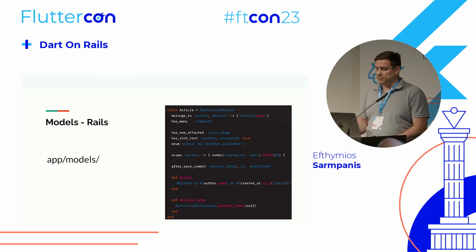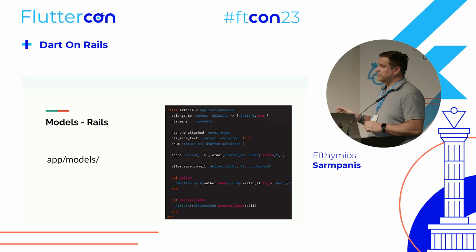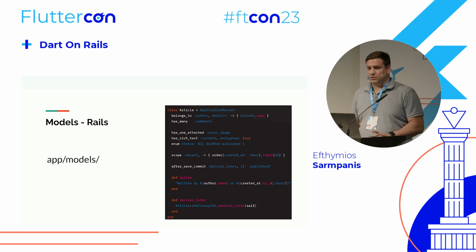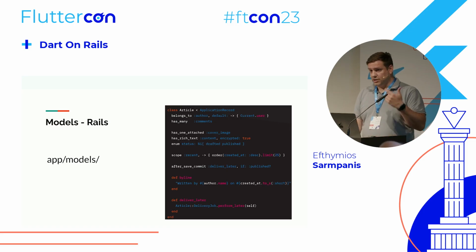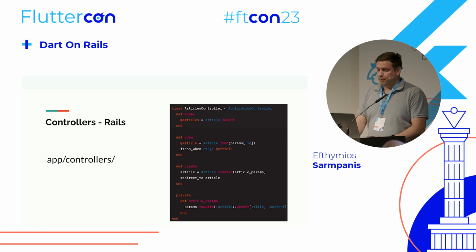So this is an example of an Active Record. You define your relationships, you define your fields, and you might even want to define your hooks, like after save and commit hooks, what to do and what not to do. There's a bunch of things you can do with Active Record, but this is not a Ruby on Rails talk. It's just so that we can see what they use, so to see how we can replicate that.